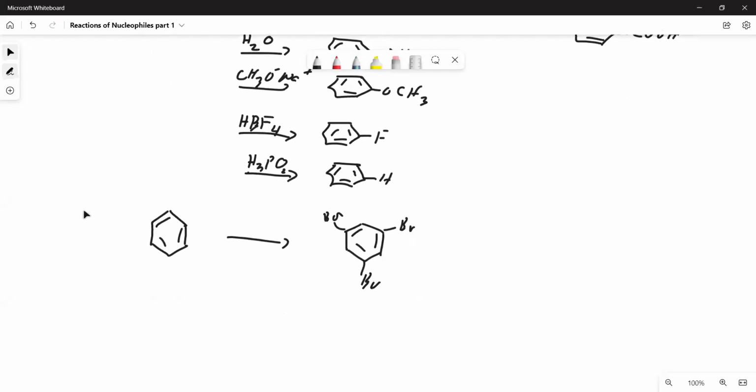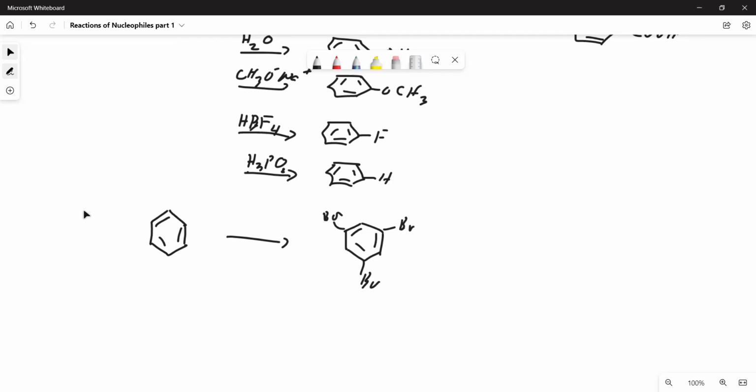Now, if you notice the product here, the bromines are attached at the meta positions. And you know, bromines are ortho-para directors.